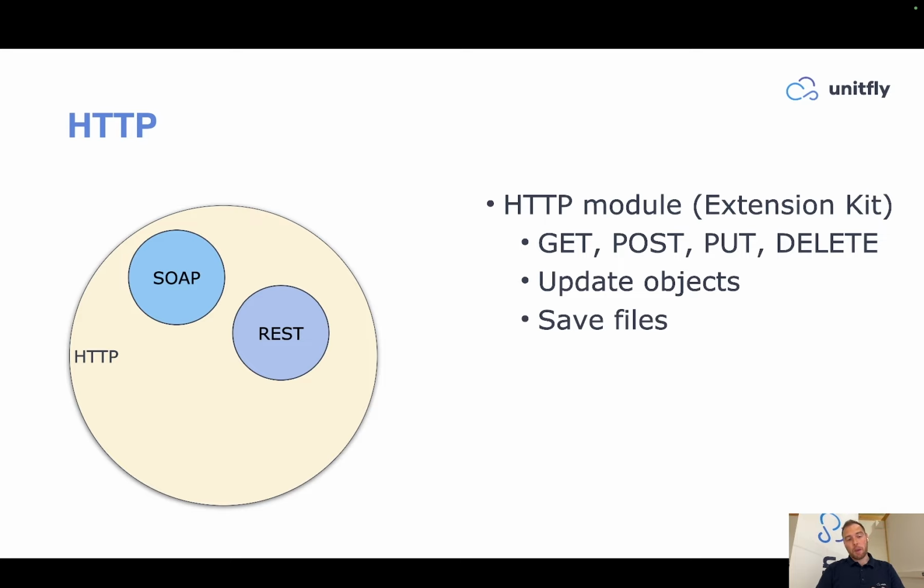Both of these APIs can be called with the HTTP module in the Extension Kit, and with the HTTP module you can have get, post, put, and delete actions. Also, you can update objects in M-Files, and you can also save files that you receive from the response. That was also shown in our last webinar. So let's go through the examples.